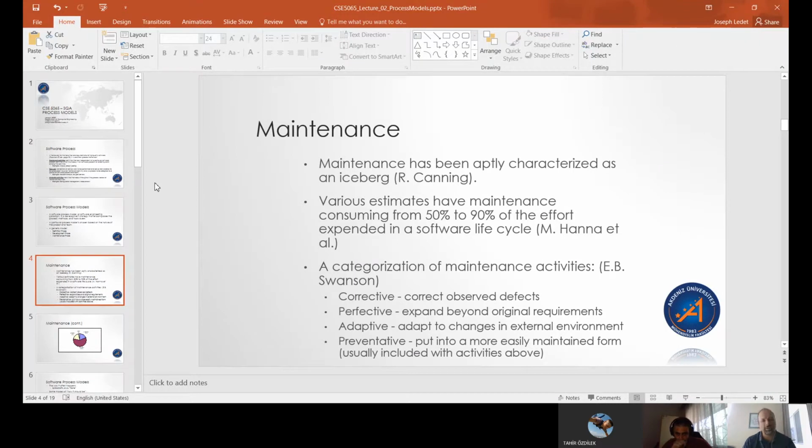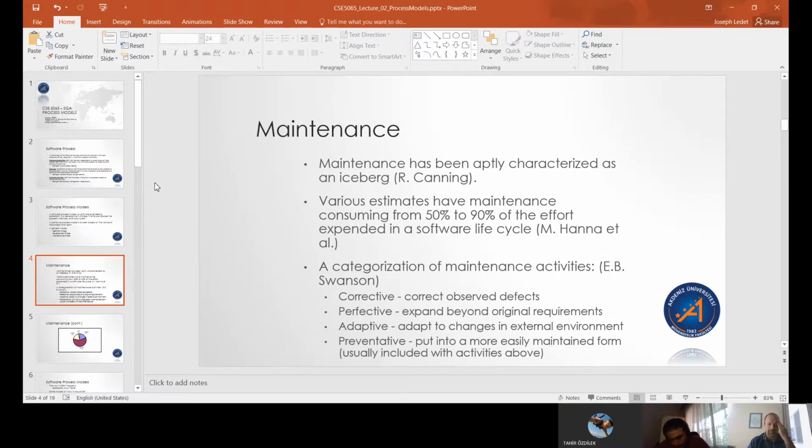This would be where the customer finds a bug and reports it and we have to change it. Some of those can end up waiting until the next release. Some of those may be so problematic that we need to rush out a patch to get it working appropriately.